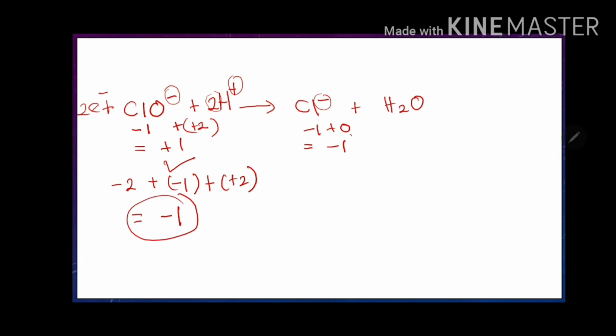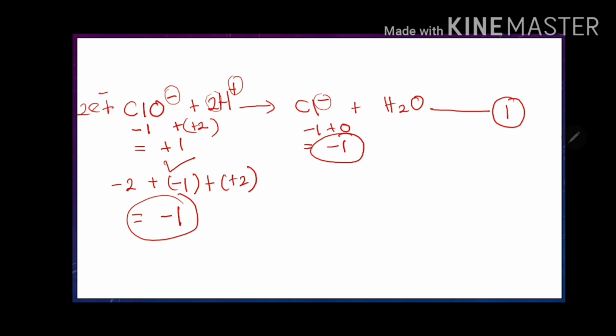So now the charge is balanced. After this step, you know that you have finished balancing the first half equation. So write it like this.